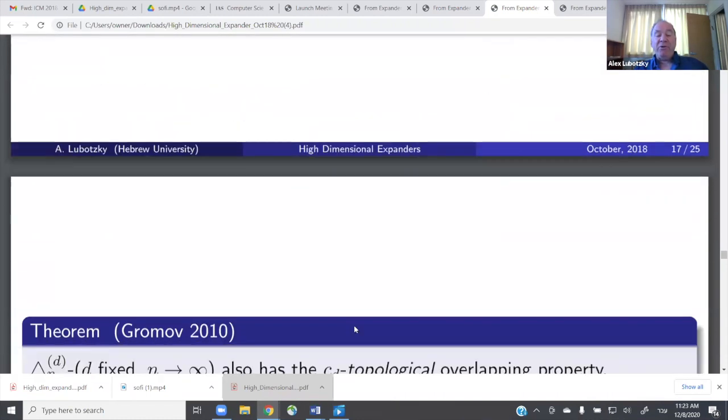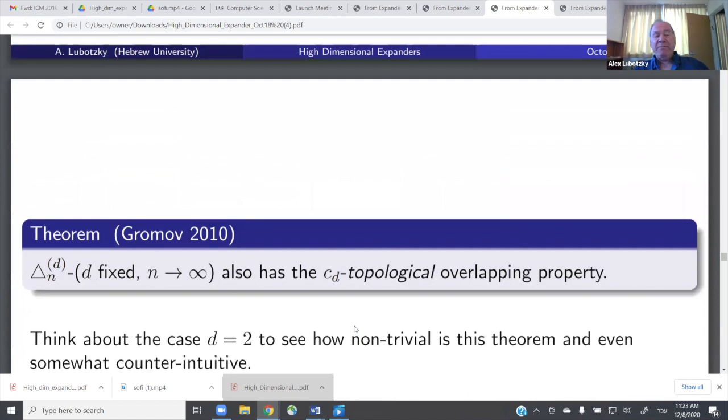And he proved the following amazing theorem. It's really amazing. He proved that if you take the complete complex, namely you take n points, you let n go to infinity, d fixed, you take all the (d+1)-cells, all of them, it also has the topological overlapping property with some constant c_d.